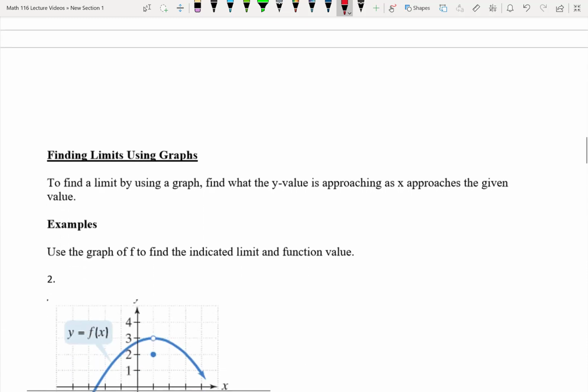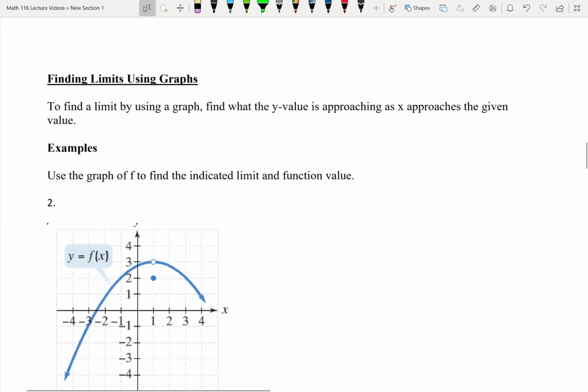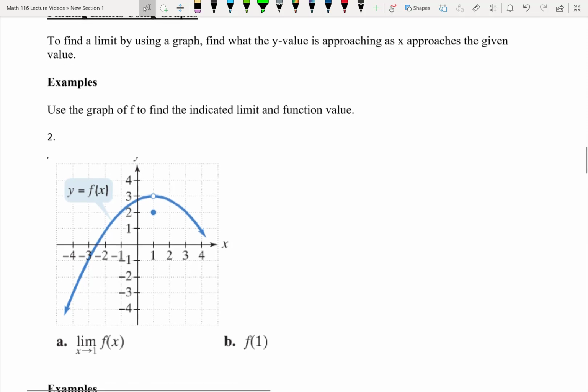We can also find a limit by using a graph. So if we have the graphical representation of the function, we can explore what's happening to y as x approaches the given value. So number 2, you're given a graph, and we're going to use that graph to find the indicated limit and function value.